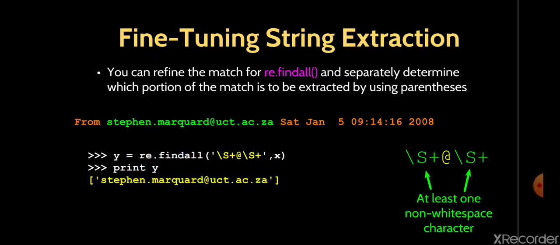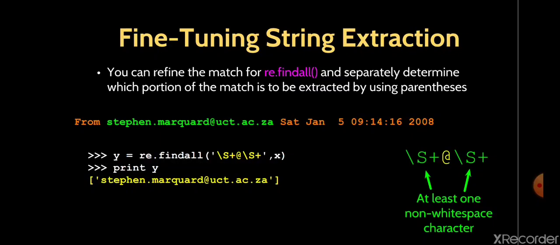So the total thing, starting with the stephen.marquard word, will be considered as the first part, that is \S+. This is the first part. The at symbol is the middle character. Then after the at, whatever characters I get without a space are considered as the second \S+.